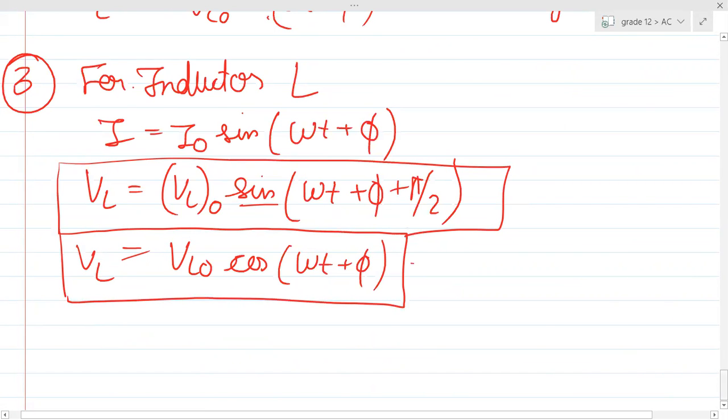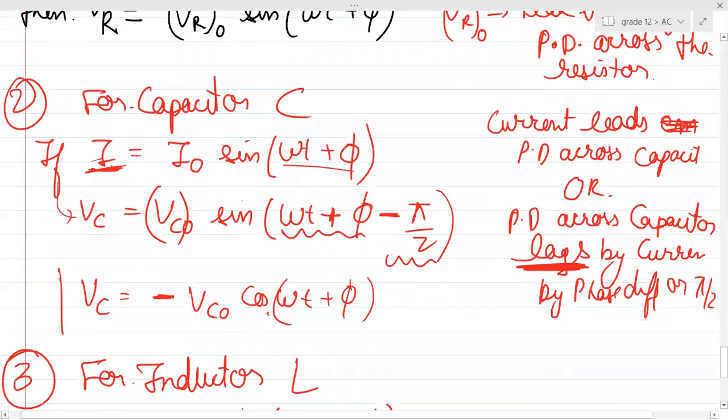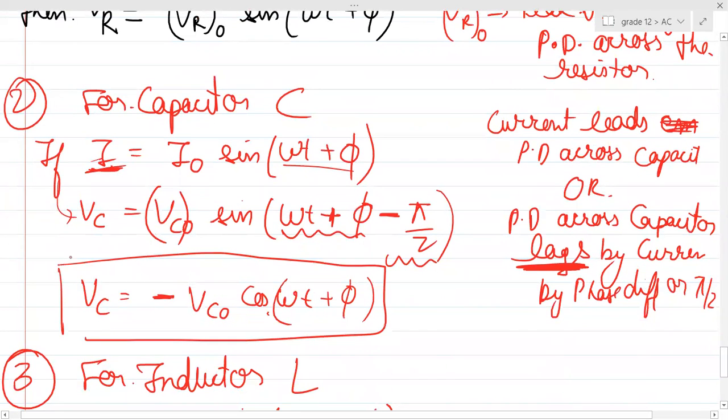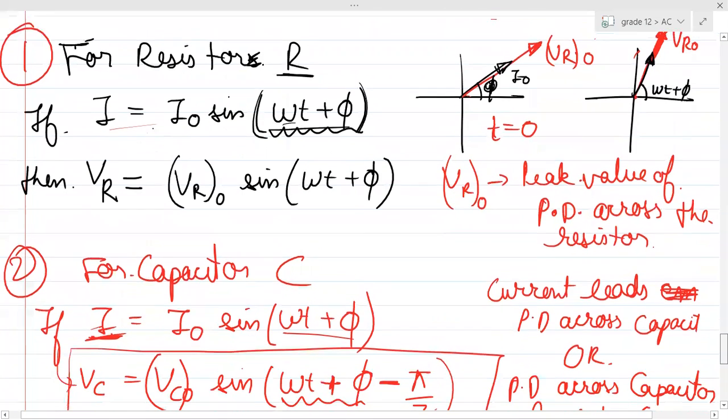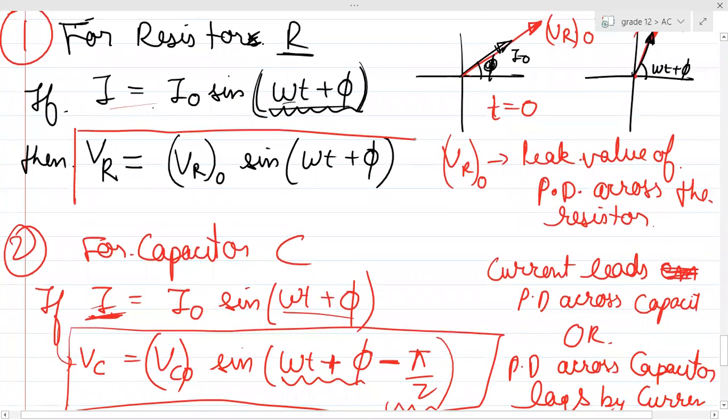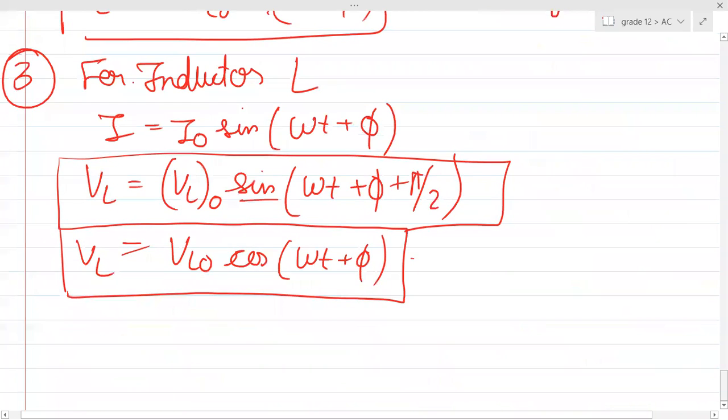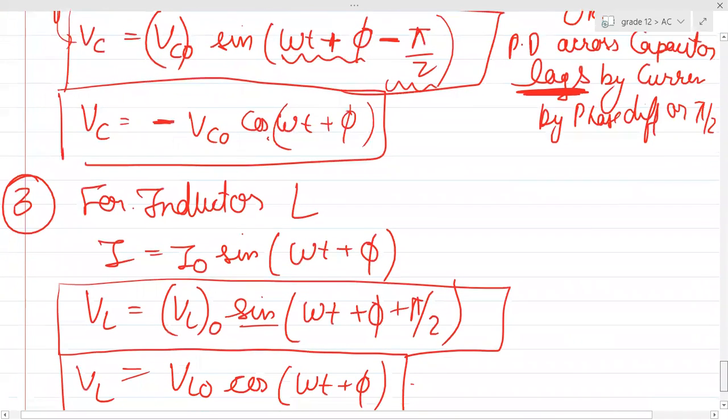Now we'll try to use the knowledge of phasors, which we already did. Can you draw all these vectors together? Guys, can everyone draw all these phasors together? So I'll draw a very big diagram. Are you done writing till here, everyone?